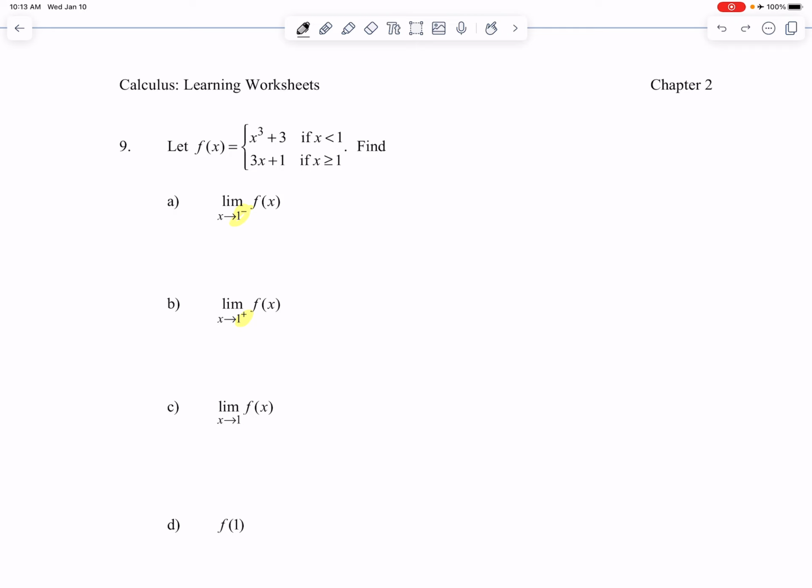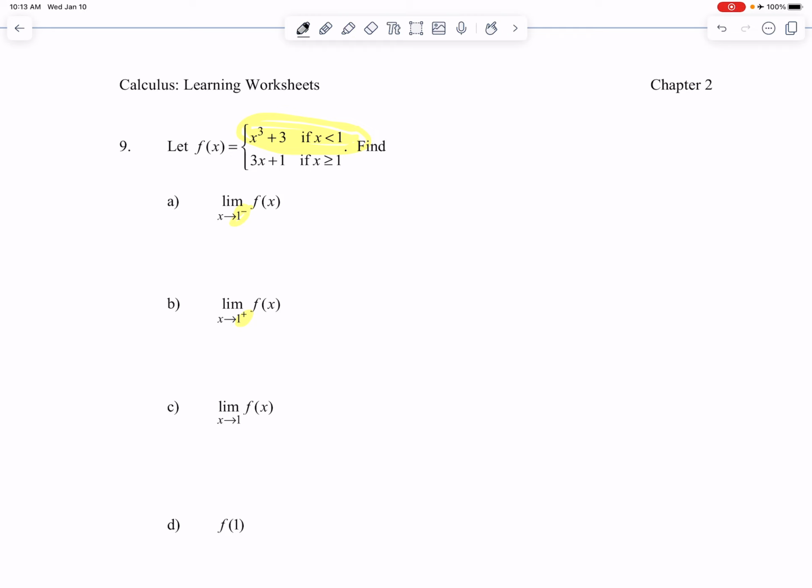Since we're looking at it from the left hand, that means we're looking at it when x is less than 1, right? We're looking at it going from the left, and on the left of 1, that's less. So we're going to focus on that top function.